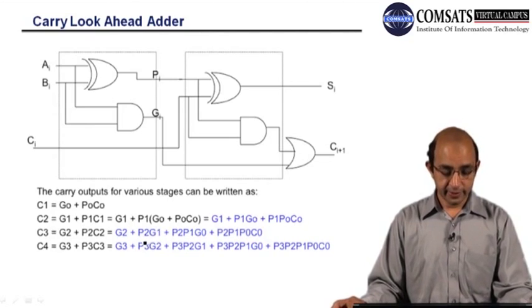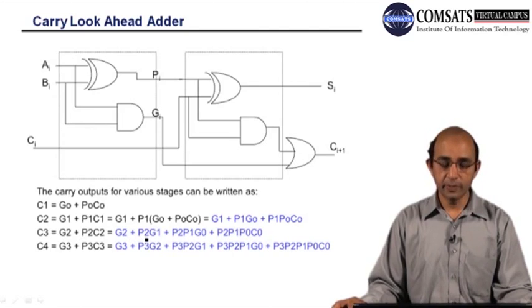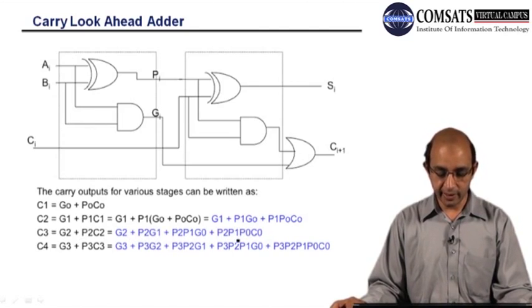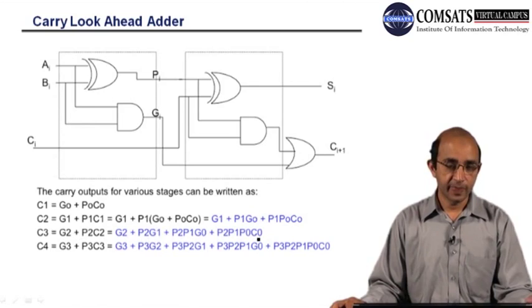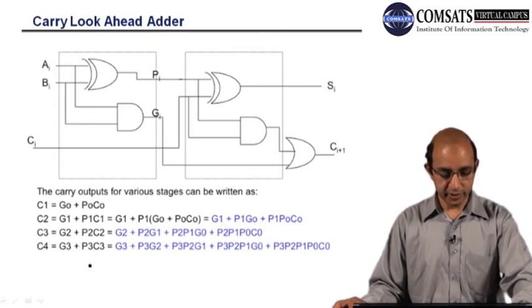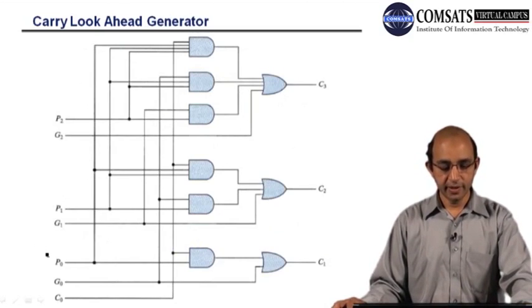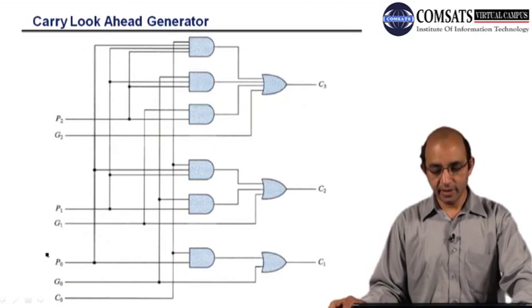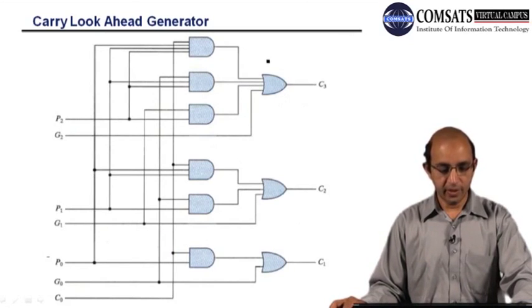But here we did something different: we have converted that C3 in such a way that it is only depending upon P's and G's and C0, that is the carry at the starting position. Similarly C4. So this is the sum of the products regarding the look ahead carry generator.